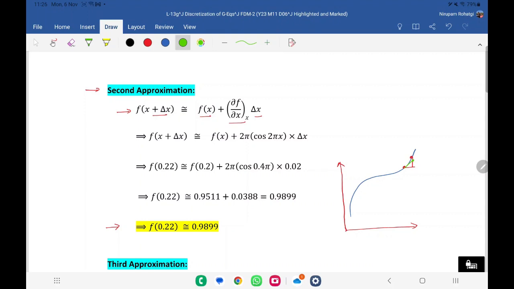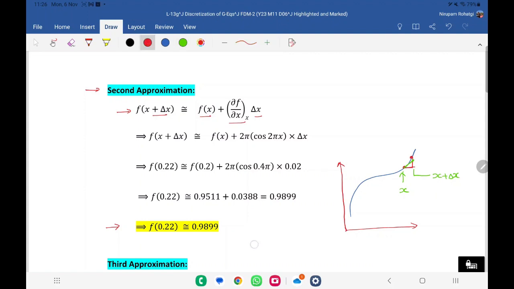I know the derivative at point x, this is my point x, and this is my point x plus delta x. In one case I just move horizontally, I will not take help of the derivative. In the second case I will move with the derivative, and I will take this value plus the derivative here, and I will get some value. So somewhere near, I am okay.